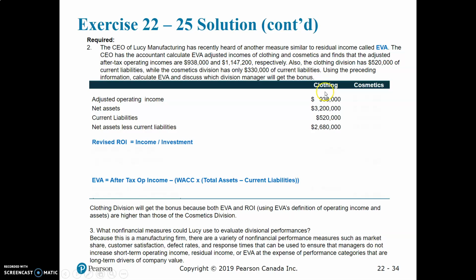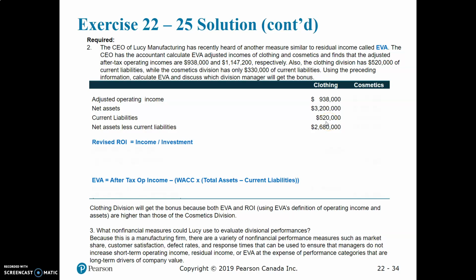For the clothing division, the adjusted operating income now stands at $938,000. Already we know that the net asset investments were at $3.2 million. Additional new information that's provided is the current liabilities of $520,000.